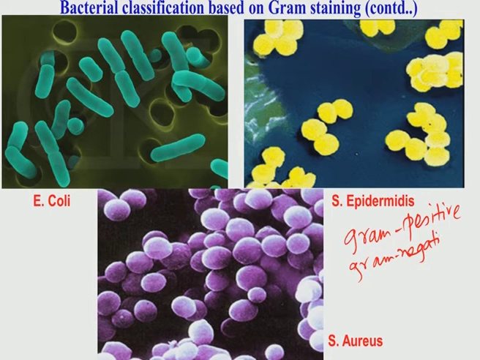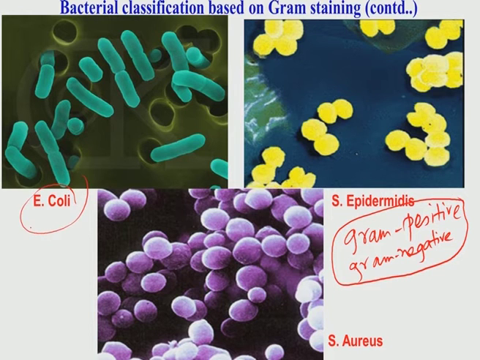These are the most widely used classifications in microbiology. An example of a gram negative bacteria is E. coli, and examples of gram positive bacteria, which I mentioned a few minutes ago, are Staphylococcus aureus and epidermidis. They stain differently from E. coli, and shape-wise E. coli is very different from the Staphylococcus species.